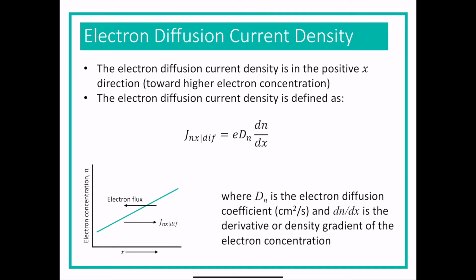That is a constant. You can go look that up. It's on a table. It's actually on the same table as mobility, for a reason that I'll explain later. And then we have the derivative of whatever the function is that describes the gradient. It's not going to be a complicated derivative because it will be a linear equation. If you have a linear equation, you take the derivative, it's going to be really simple. So that makes it not so difficult.